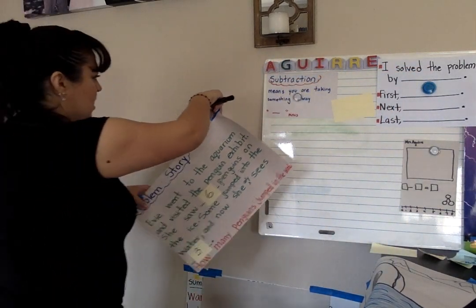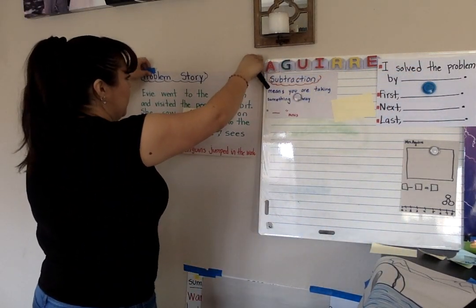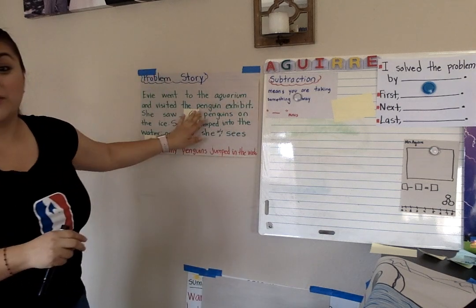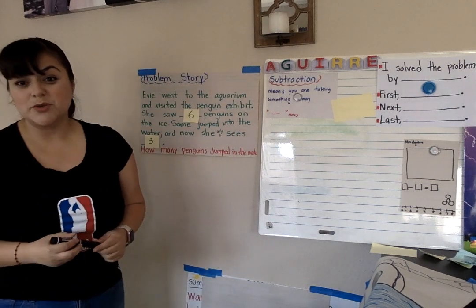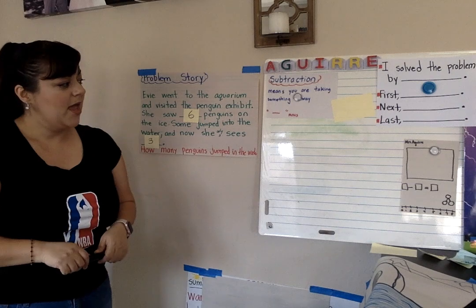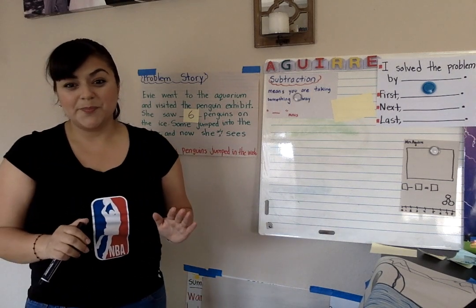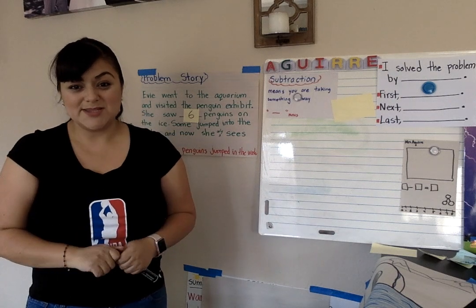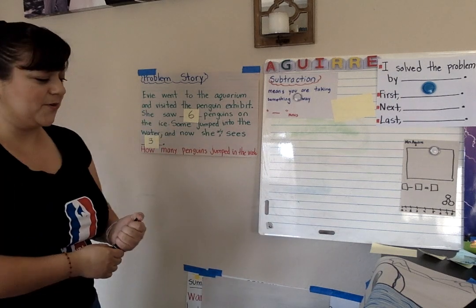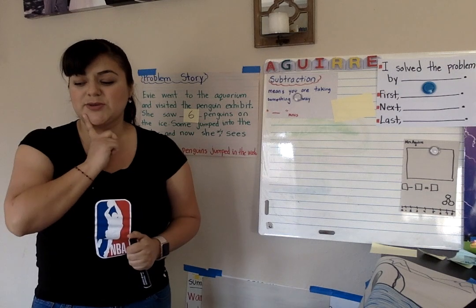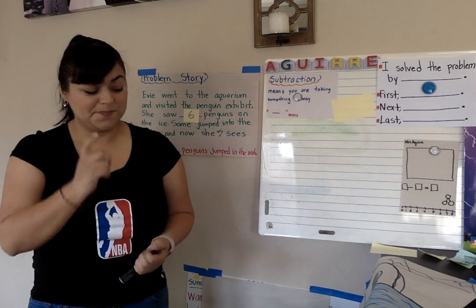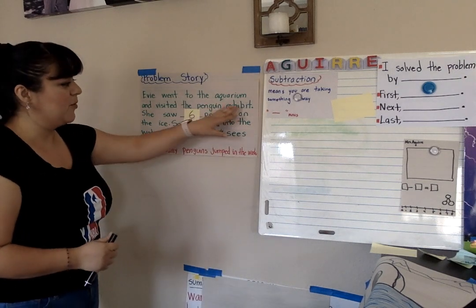Okay, so let's put the problem story here so we can refer back to the text whenever we don't understand something. And today we'll start with our picture to try and solve the word problem. Okay, so Evie went to the aquarium and she went to see the penguin exhibit.